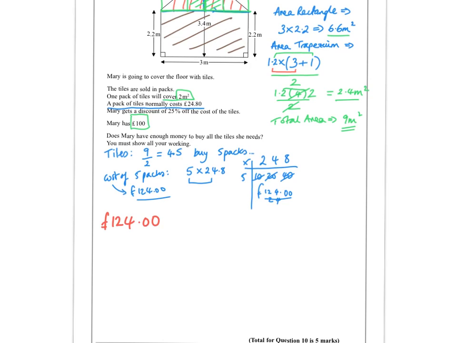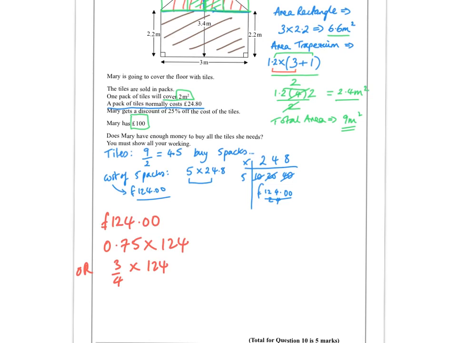If you get 25% off something, then you really have 3/4 or 75% of it left. So one way you can do is just to times 124 by 0.75, and that will instantly reduce it by 25%. Or you can do 3/4 of 124, because 3/4 is exactly the same as 0.75.